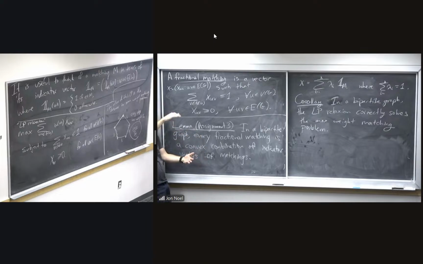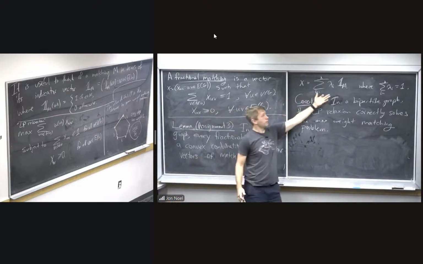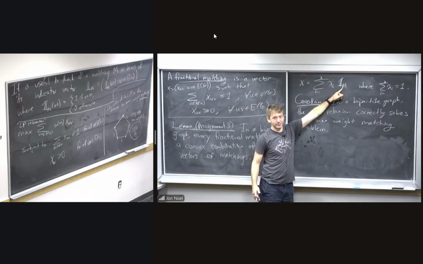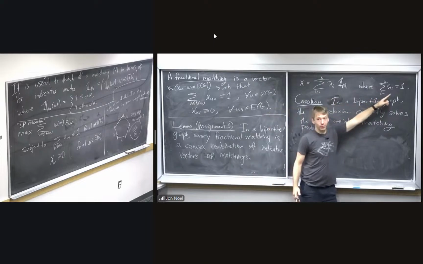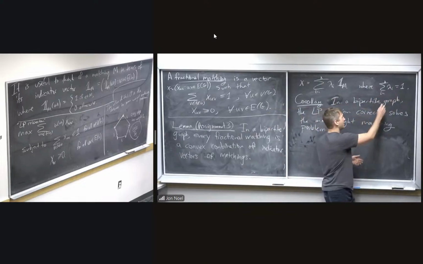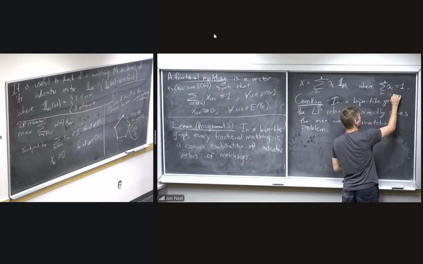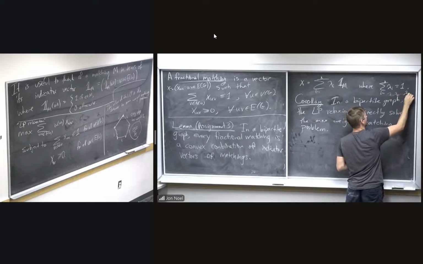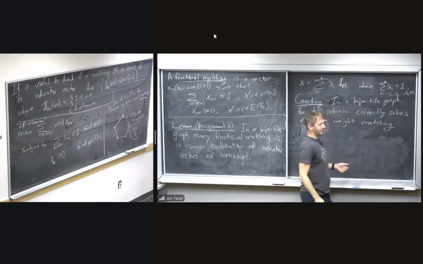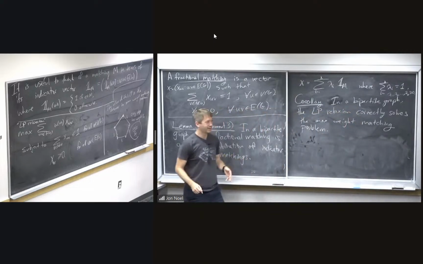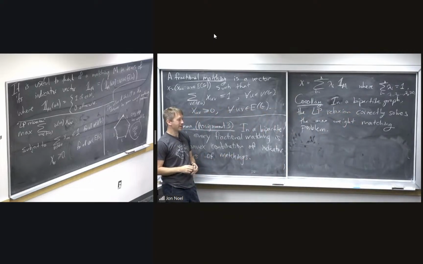It might give some non-integer values somewhere. Take that fractional matching and write it like this, where these are actual matchings, and these lambdas sum up to 1. Sorry, these are also non-negative numbers, right? That's what a convex combination means.